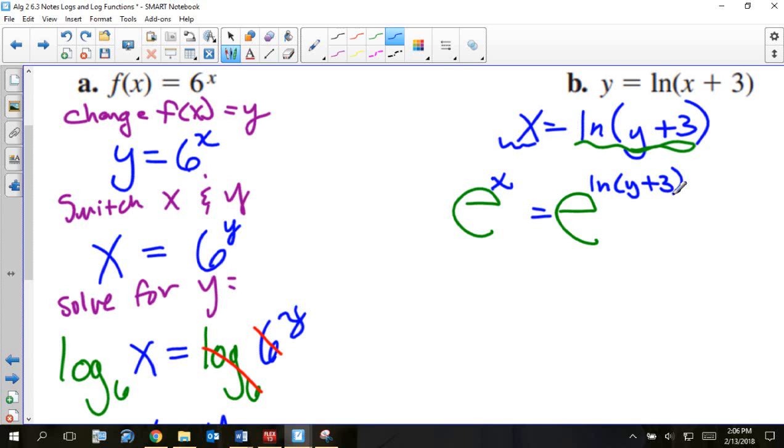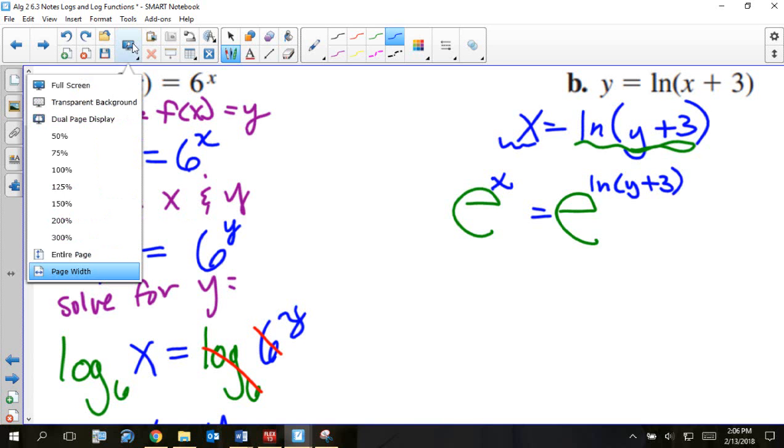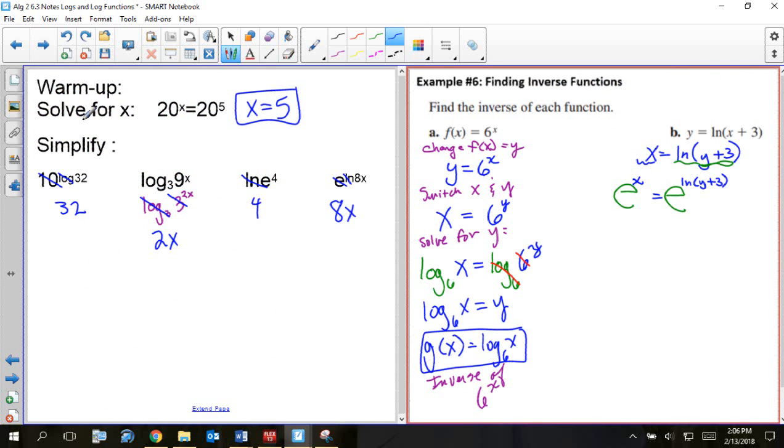Let me show you why. So going back to our warm-up, if x equals 5, then 20 to the x equals 20 to the 5. We just went the other way. But if x equals 5, I can put in whatever base I want.